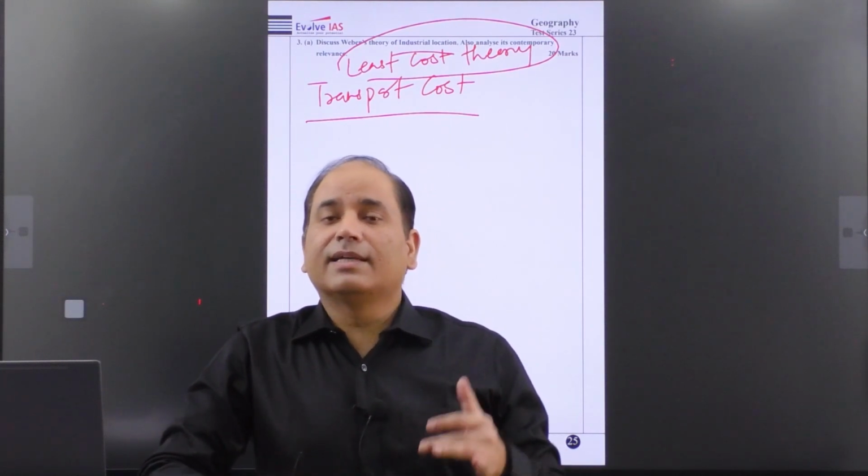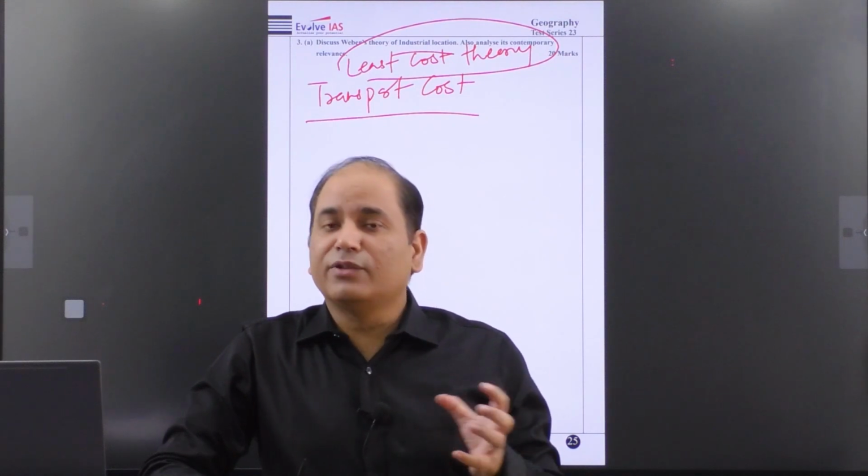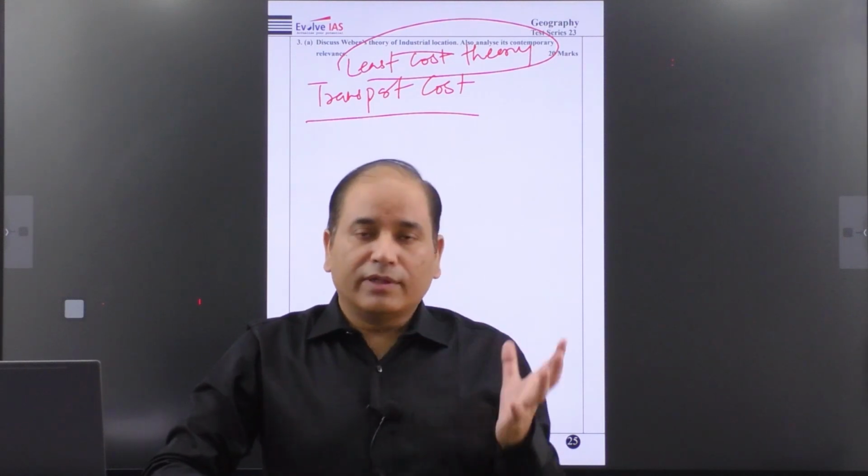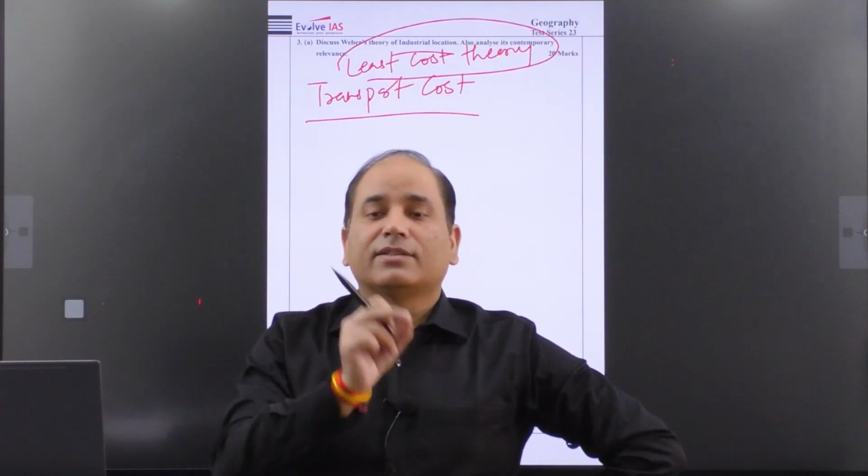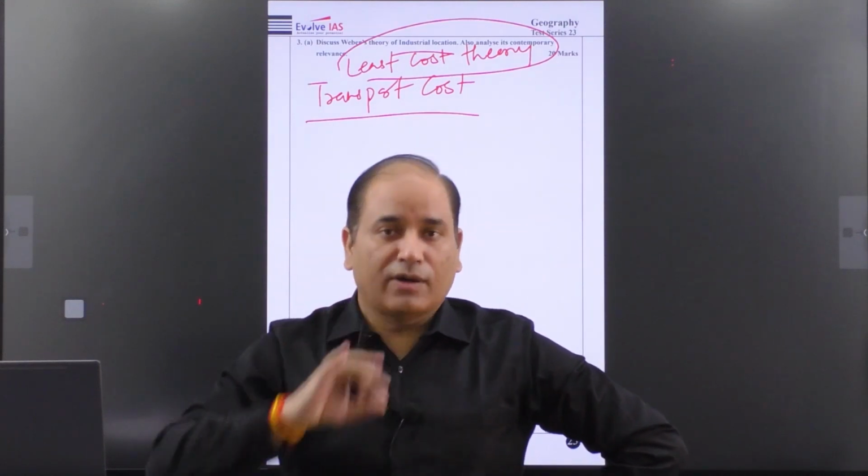He categorized raw materials into two broad categories, ubiquitous and localized raw materials. Industry's location will be based on the localized raw material.